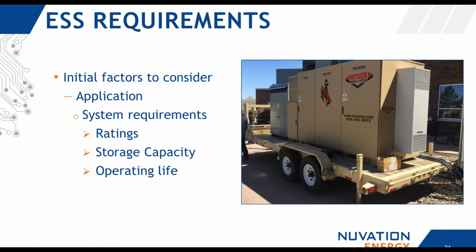This system uses a diesel generator along with a hybrid battery system. The battery provides 120 kilowatt hours of storage, and with a 2C rating of power, that's 240 kilowatts of power.